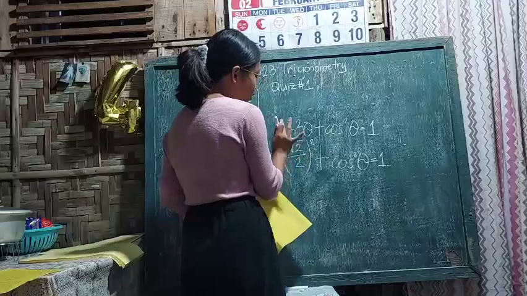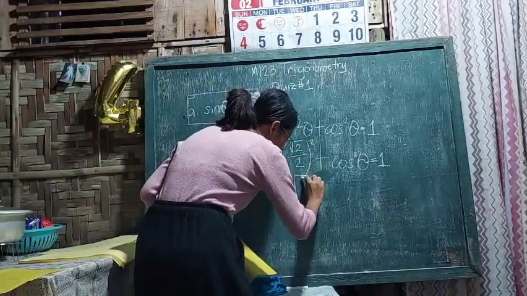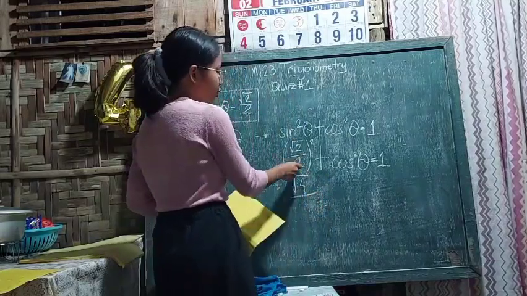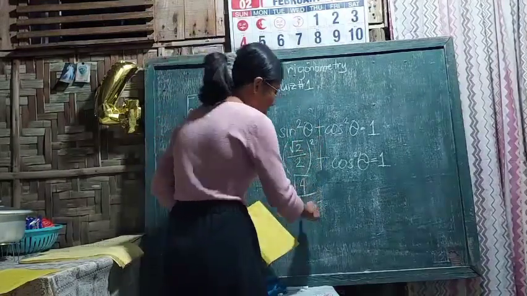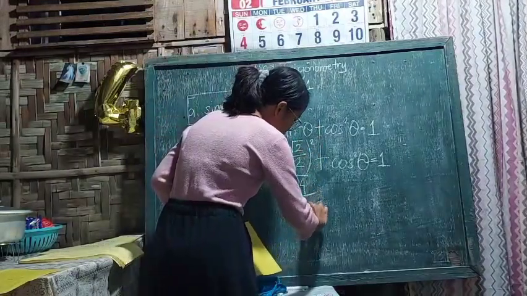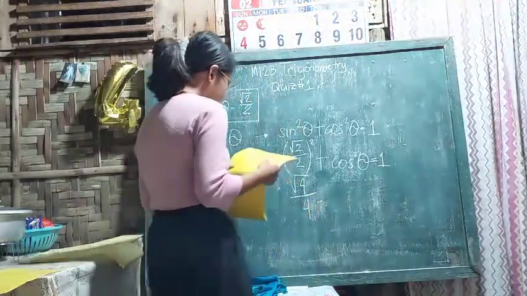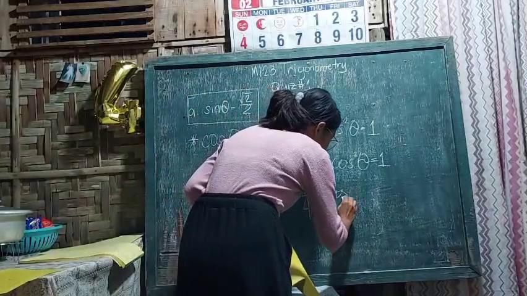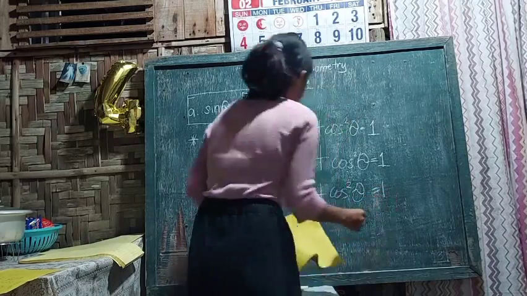So square root of 2 times square root of 2 is square root of 4 over 2 squared is 4, plus cosine squared theta is equal to 1.